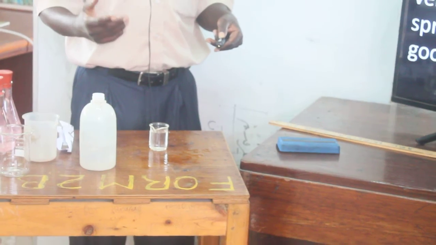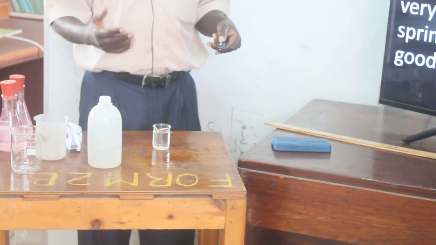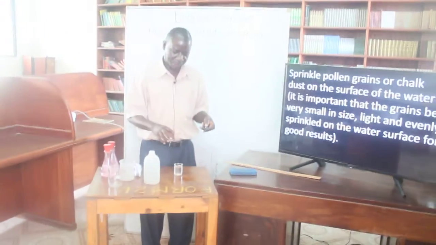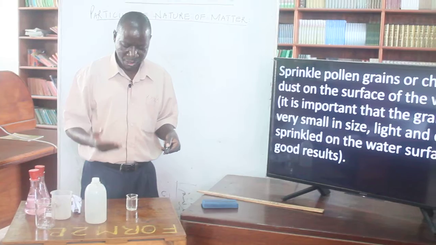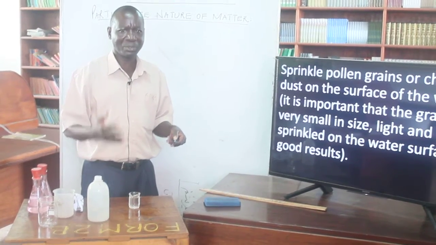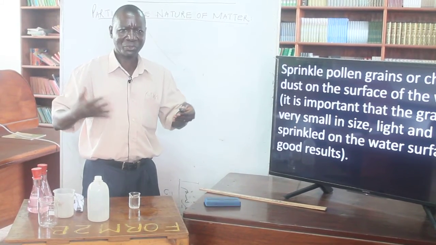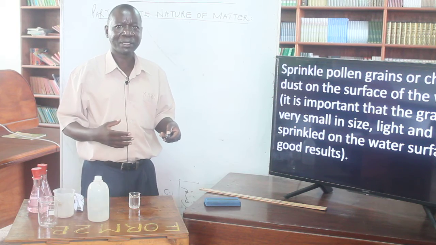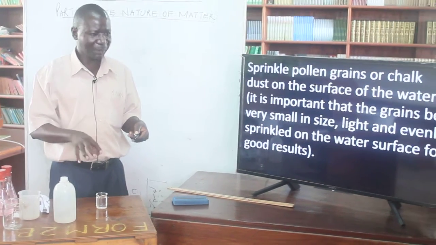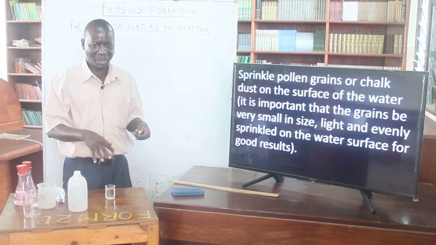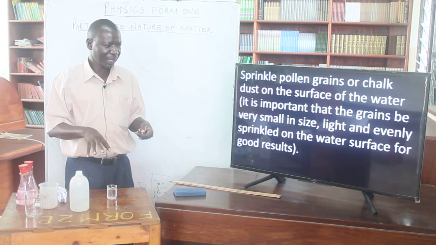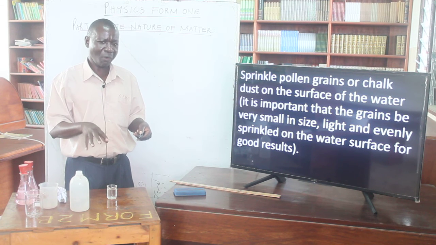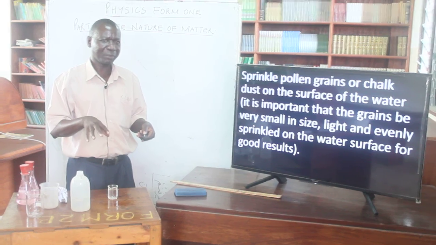I've not brought the microscope here, but we need to view using the microscope because we cannot use the microscope with the screen. So we are going to view the way the pollen grains are moving with the microscope and see how they behave.